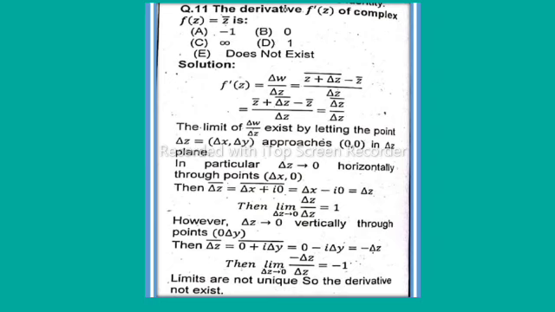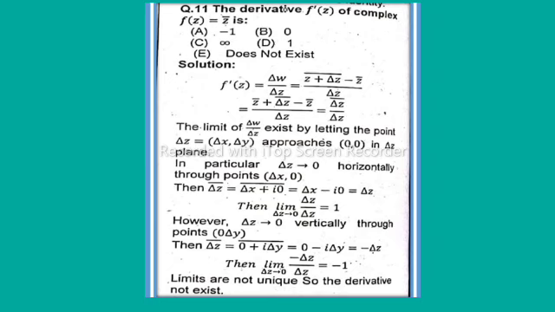So conjugate z plus conjugate delta z divided by delta z minus conjugate z is equal to conjugate delta z by delta z. The limit of delta w divided by delta z exists by letting the point delta z equal to delta x, delta y approach 0, 0 in the delta x plane.